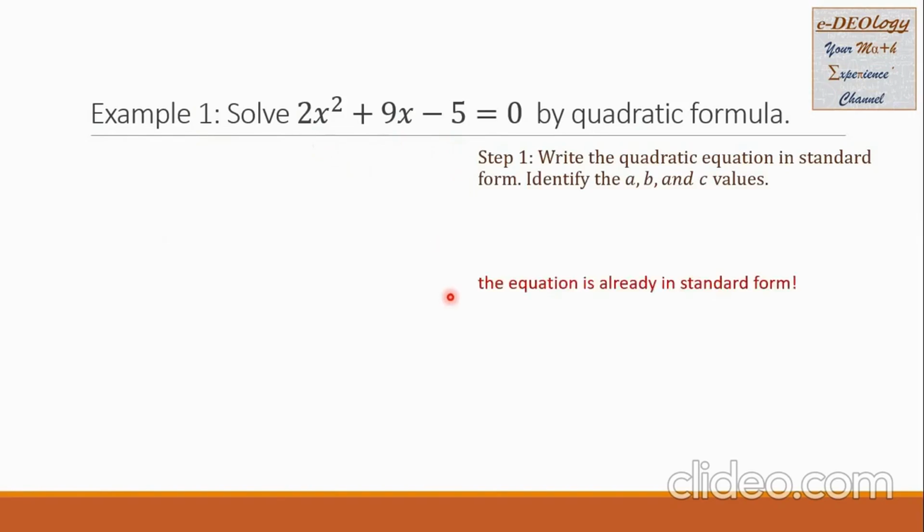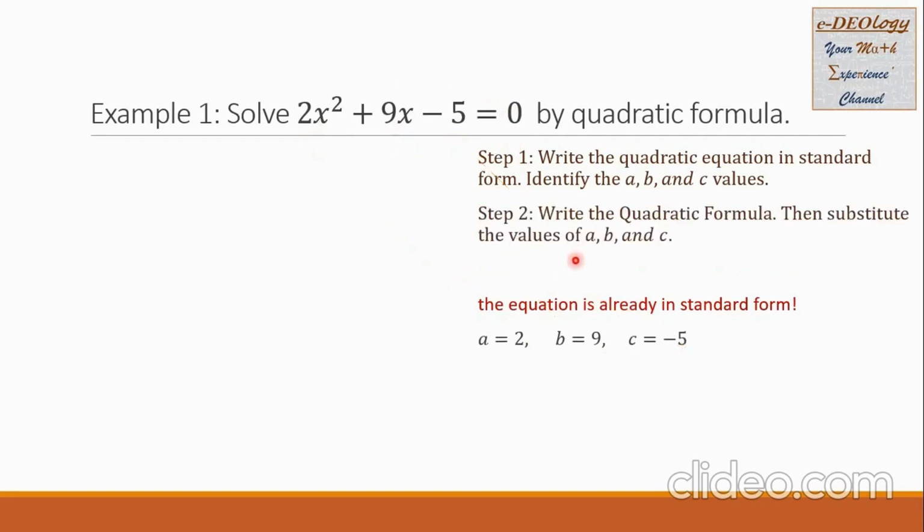The equation is already in standard form because all the terms are on the left and it is equal to 0. Identify now the a, b, and c values. So we will collect the a, that is the coefficient of x squared, it is 2. We collect now the b, the coefficient of x, and that is 9. And the c is the constant, negative 5.